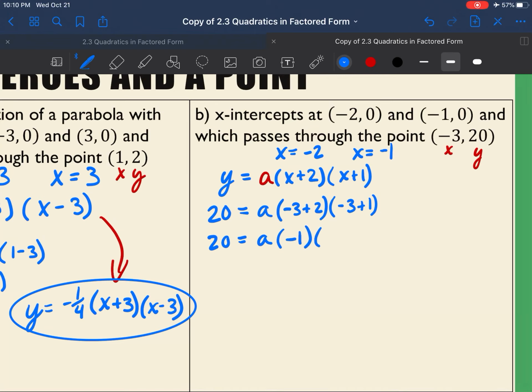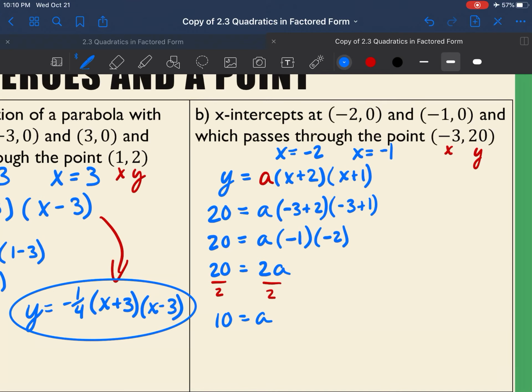And the other one, -3 plus 1 is -2. So multiply these two together and you get -1 times -2 is 2, so 2a. Then divide both sides by 2. So you end up getting a is equal to 10.